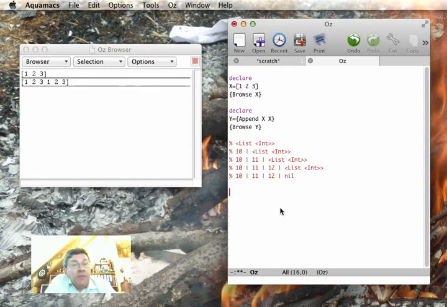But we've already seen another way, the bracket notation. So let me take the list 10, 11, 12 and write it in bracket notation. It's a vertical bracket, 10, 11, 12 with spaces, and another vertical bracket to terminate. So the same list, in fact, is written in two different ways.